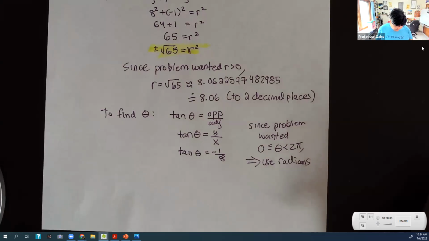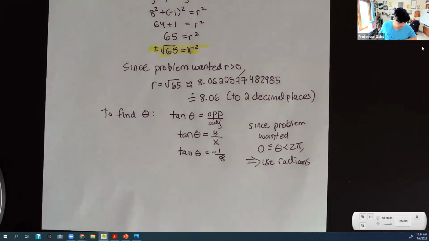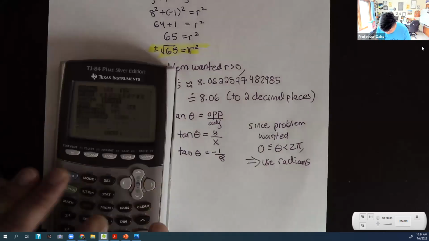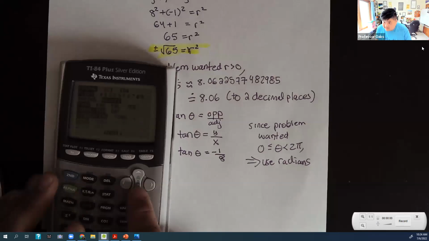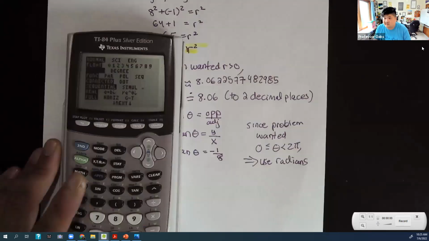So try to remember, in this chapter, they're going to ask you to use radians again a lot of times.